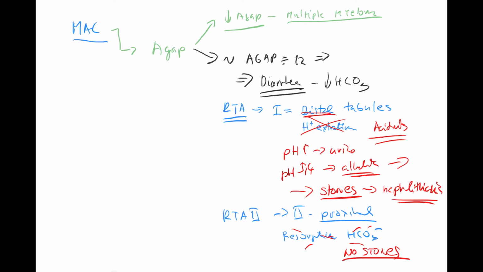And the fourth type, we will forget the third one. RTA4 is not a problem in the kidneys itself, but you should remember Addison's. That is every time you don't produce enough aldosterone.